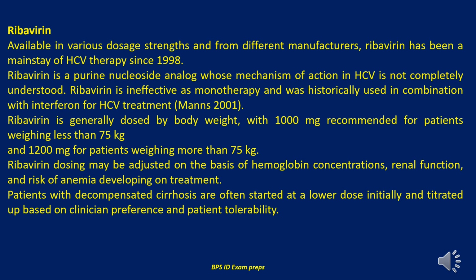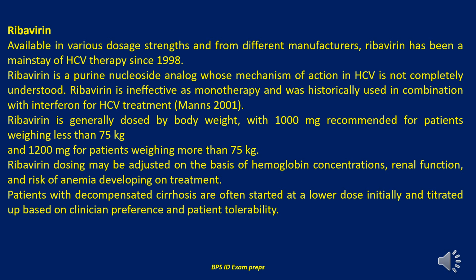Available in various dosage strengths and from different manufacturers, ribavirin has been a mainstay of HCV therapy since 1998. Ribavirin is a purine nucleoside analog whose mechanism of action in HCV is not completely understood.